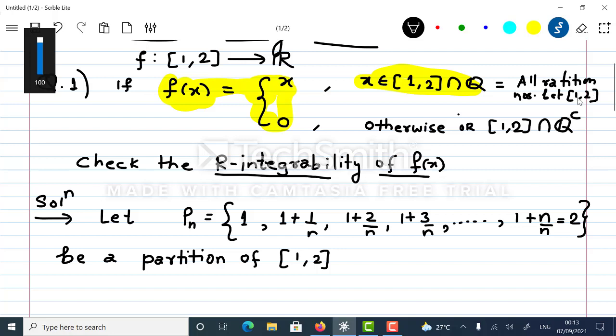That means all the rational numbers inside the closed interval 1 comma 2. What does this mean? It says that all irrational numbers between 1 and 2 are also there.